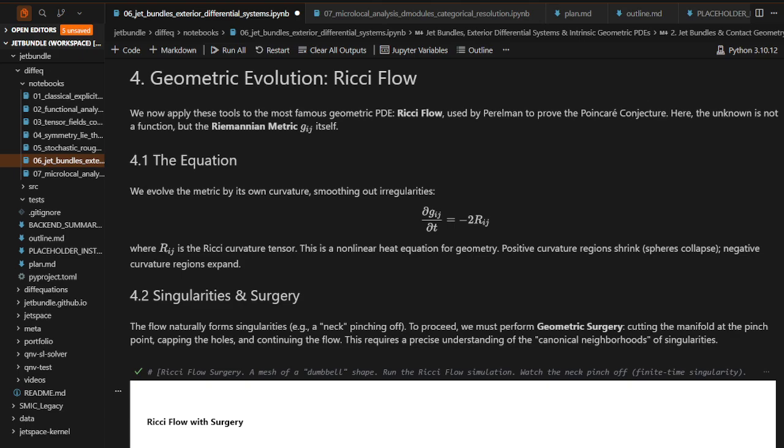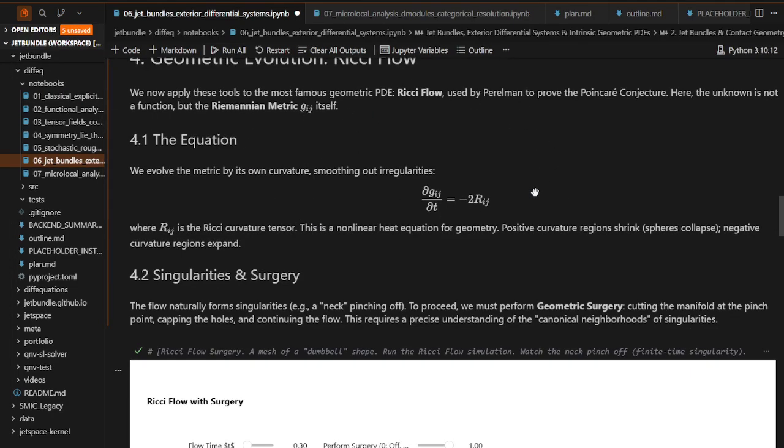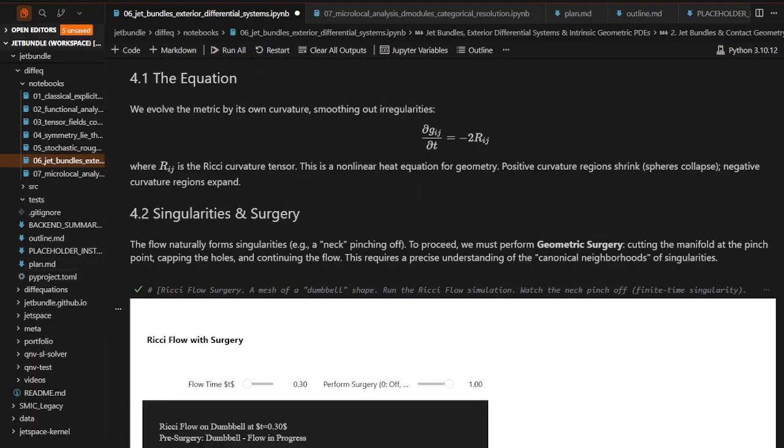For a geometry involving a partial differential equation, the variable itself becomes the Riemannian metric. Perelman proved the Poincaré conjecture, and here again the unknown function is the Riemannian metric itself.